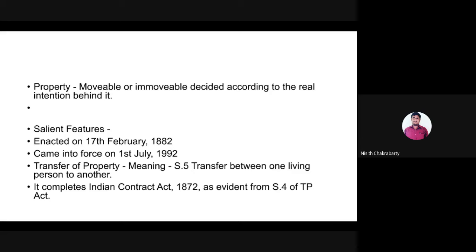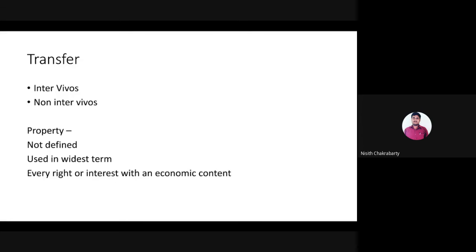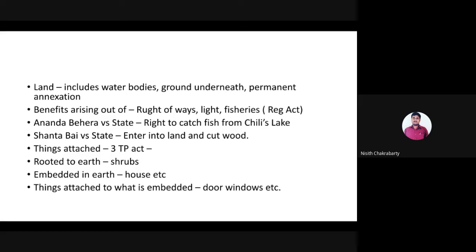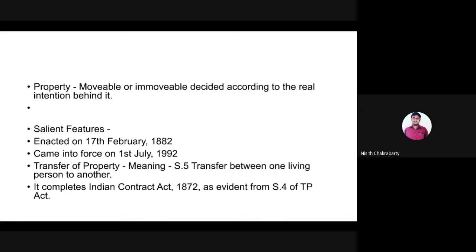We had distinguished intestate succession and testamentary succession, and accordingly discussed whether it is the Transfer of Property Act, the Sale of Goods Act, the Hindu Succession Act or the Indian Succession Act, as the case may be, that is governing the rules thereof.